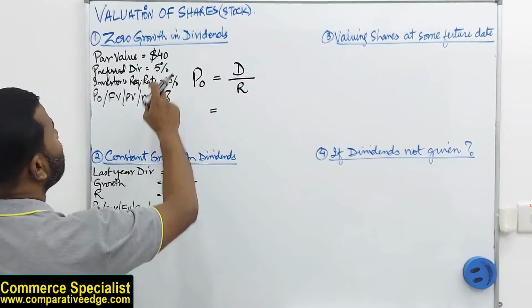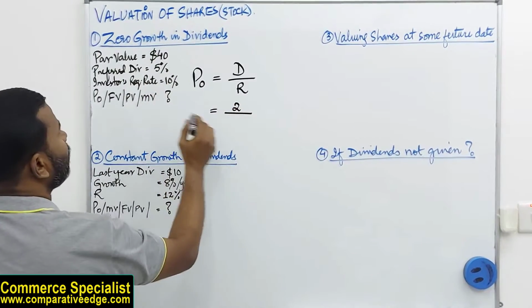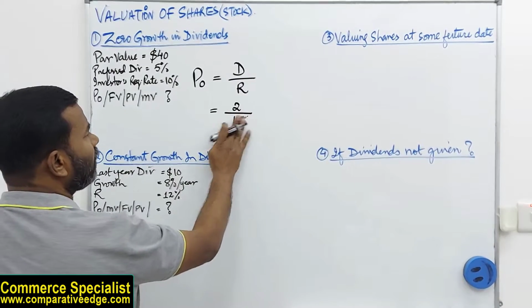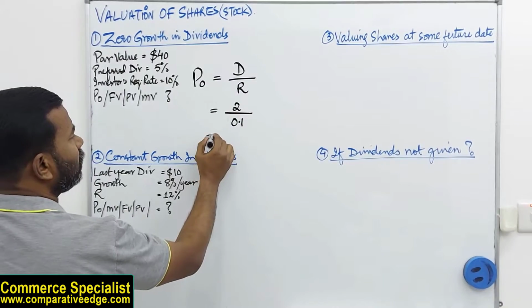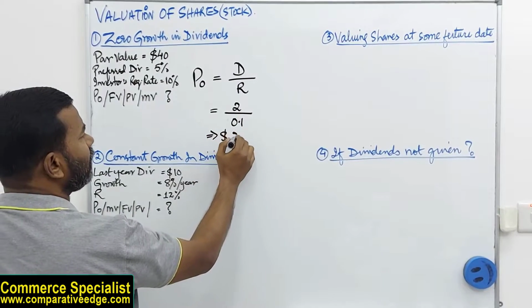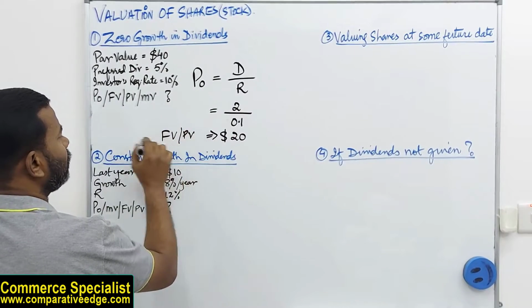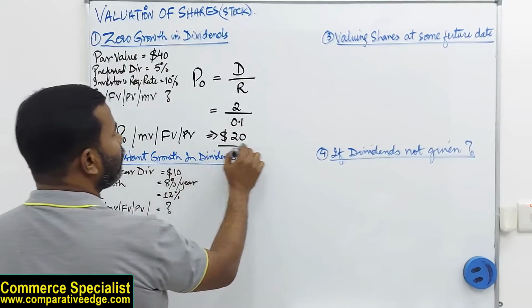So dividend is 5% of $40, which will be $2. Investors' required rate of return is 10%, which is 0.1. You can write 10% even, no issues, but it is better to write 0.1. So in this case, the share will have a fair value or present value, you can call it market value or simply P naught, of $20.